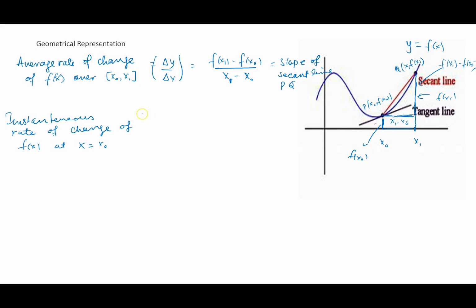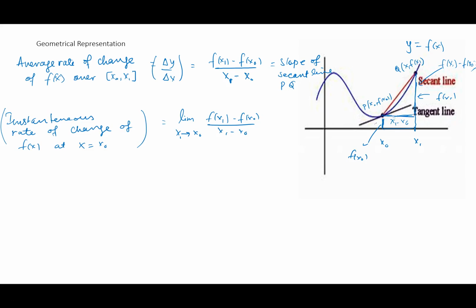This instantaneous rate of change is obtained from the average rate of change, f of x1 minus f of x0 over x1 minus x0, by making x1 very close to x0. The notation for that is limit x1 approaches x0. If you make x1 very close to x0, then you get the instantaneous rate of change from the average rate of change.